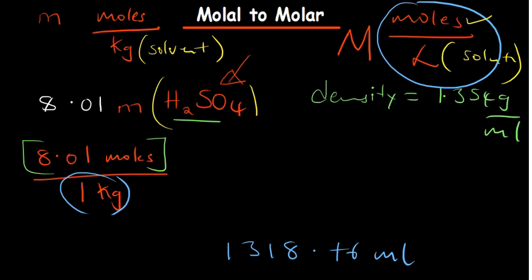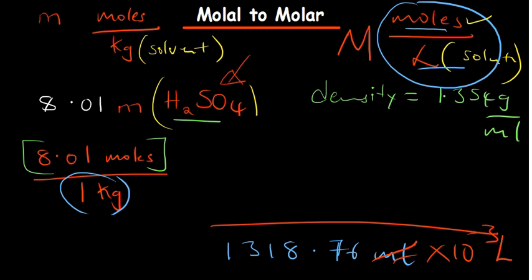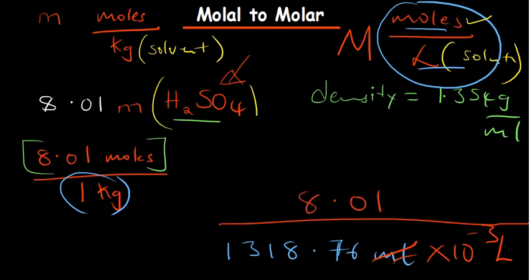Now we've gotten the information that we needed: the number of moles and also the volume. The volume is needed in liters, so milli stands for 10 to the power negative 3, so times 10 to the power negative 3 gives liters. So that is our volume. Then we divide the number of moles, which were 8.01 moles, with an assumption of a kilogram of solvent, by it.